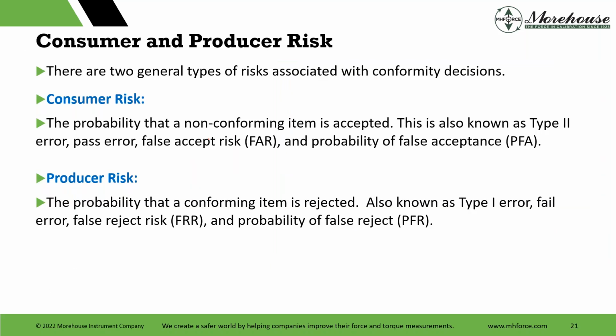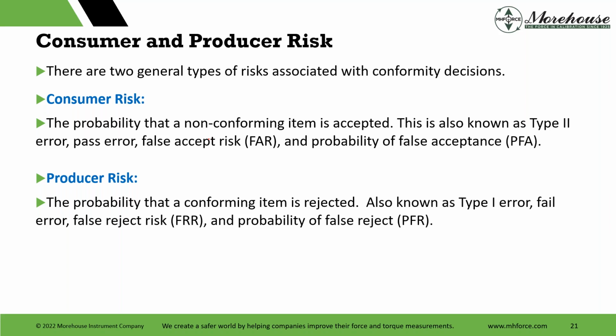So, we got into a little bit of specific risk there, and there are two general types of risk associated with conformity decision. Consumer risk, the probability that a non-conforming item is accepted, and this is where things get really fun really quickly, right? This is also known as type 2 error, pass error, false accept risk, and probability of false acceptance.